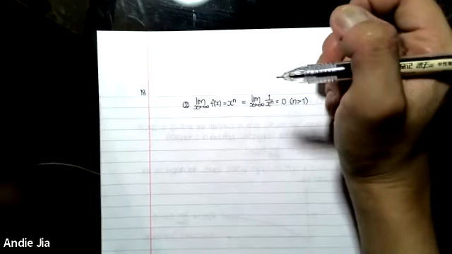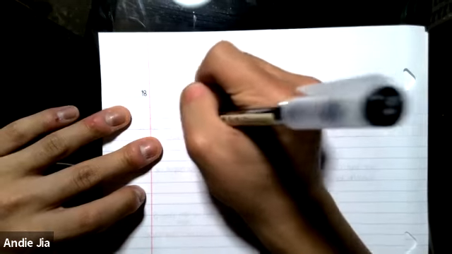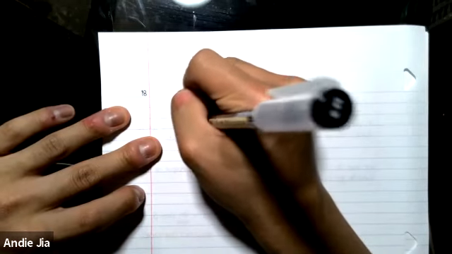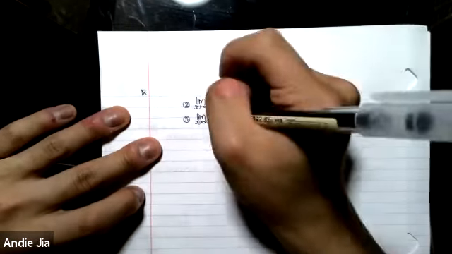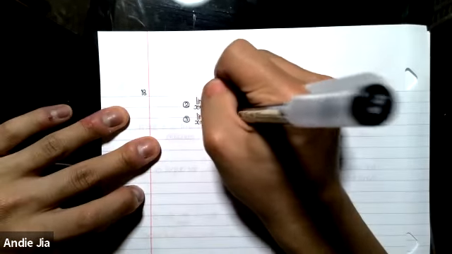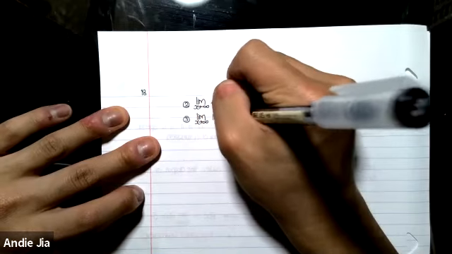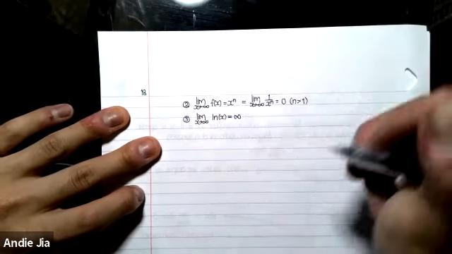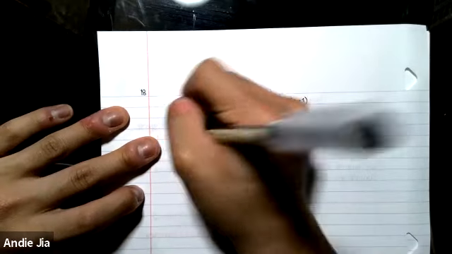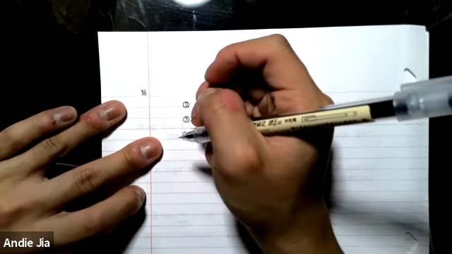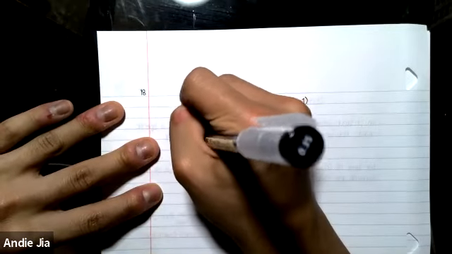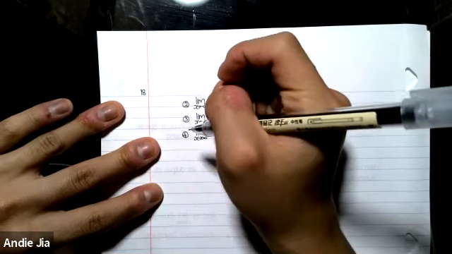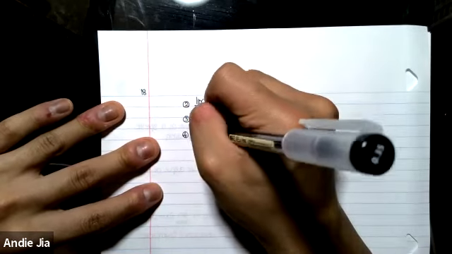For number 3, the limit as x approaches infinity of ln x is positive infinity. Number 4, the limit of e to the x as x approaches infinity is infinity.